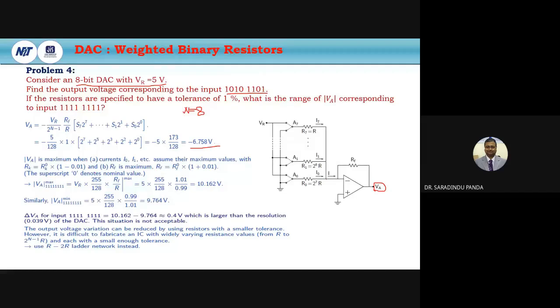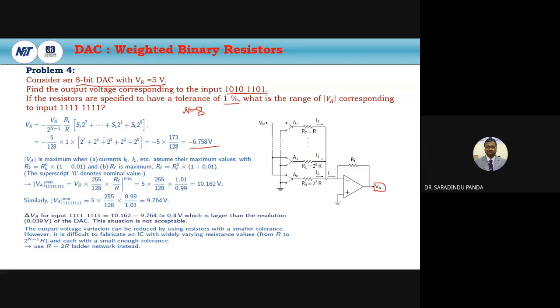So RF should be the maximum and R should be minimum, because the tolerance is 1%. That means R plus minus 1%. So R minimum should be R minus 1% and R maximum should be R plus 1%.